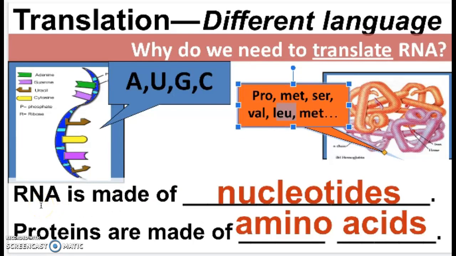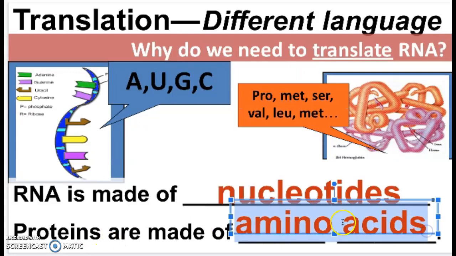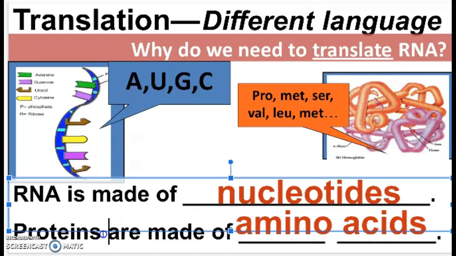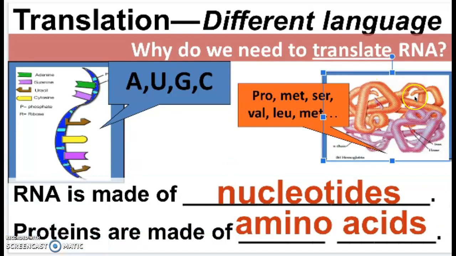So again, to repeat myself, RNA is made up of nucleotides, A, U, G, C, and for every 3, you're going to make 1 amino acid. And then when you have a bunch of these amino acids, then we call that molecule a protein. So this right here is a protein. These right here are your amino acids.